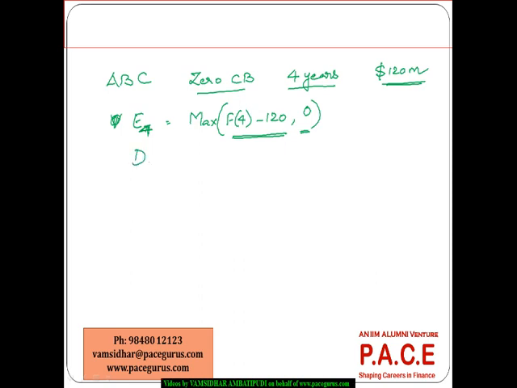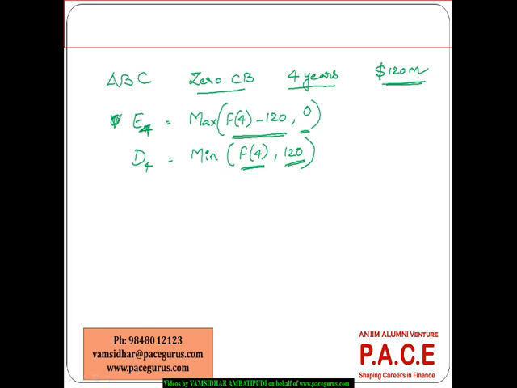But from a debt investor's perspective, he is going to receive the minimum of f of 4 comma 120. Either he will receive f of 4 in case f of 4 is less than 120, or he will receive 120 if f of 4 is greater than 120.